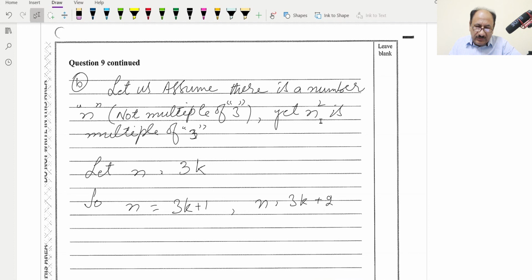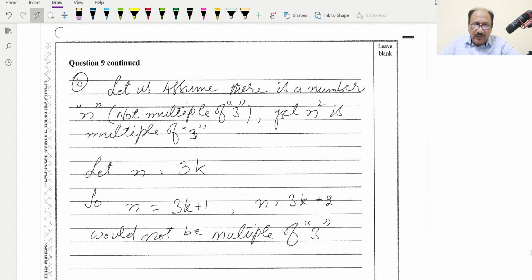So if n is not a multiple of 3, these two would not be multiples of 3.